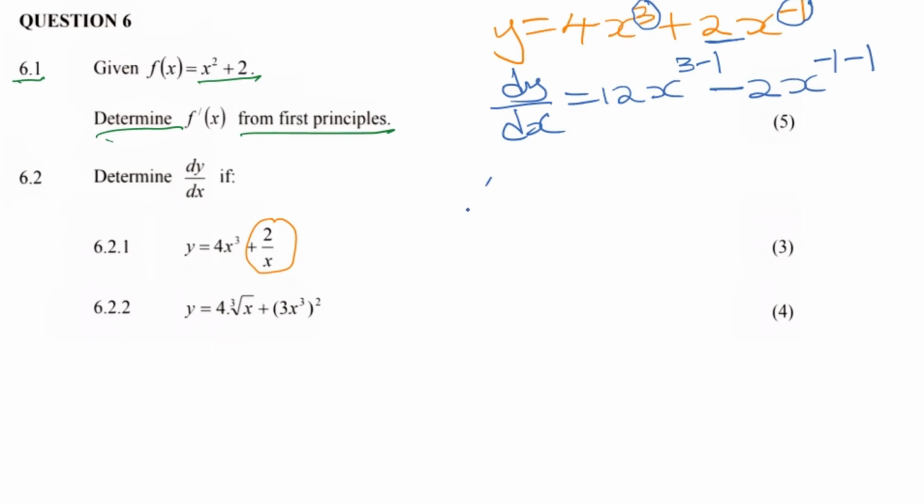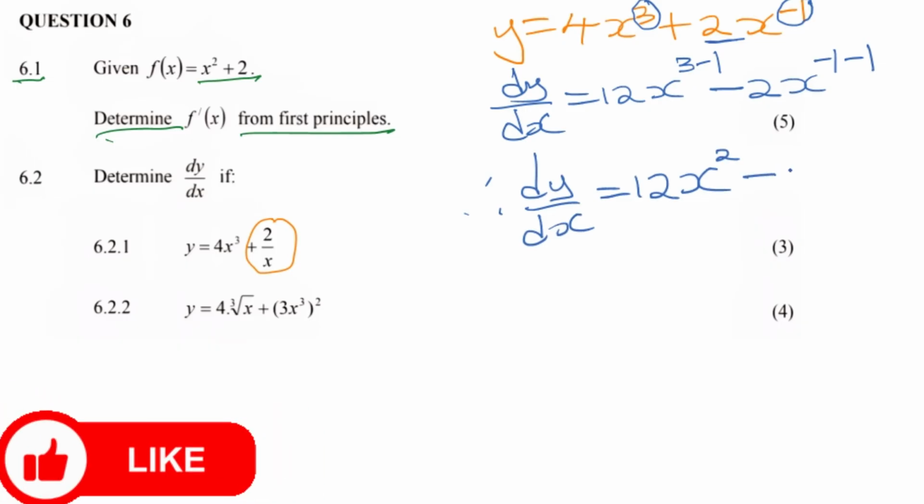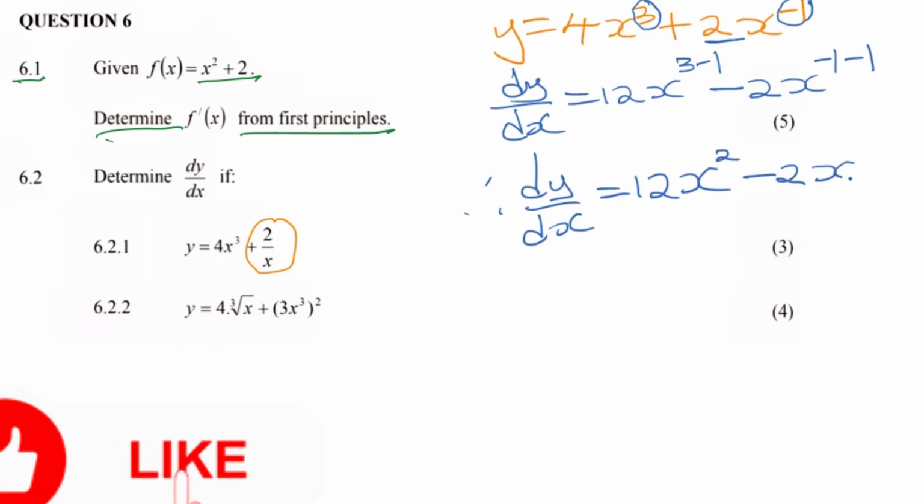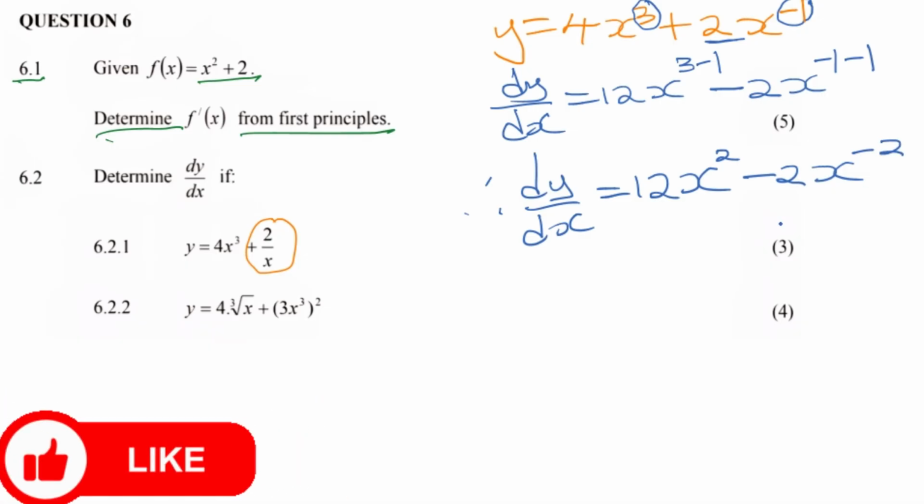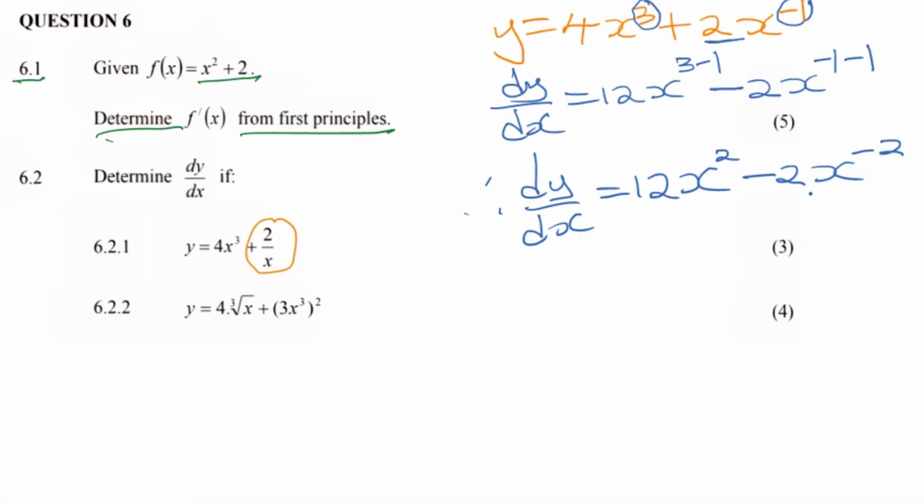So therefore, dy over dx is equal to 12x to the power of 2 minus 2x to the power of negative 2. All right, this is your answer. But if you want to continue, you can have 12x squared minus 2 over x squared, and then you can leave your answer there.